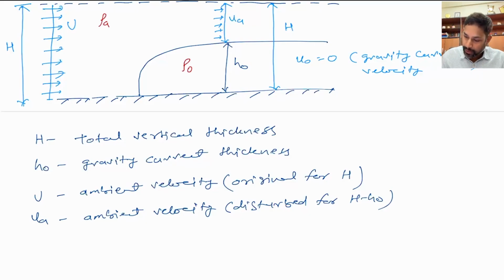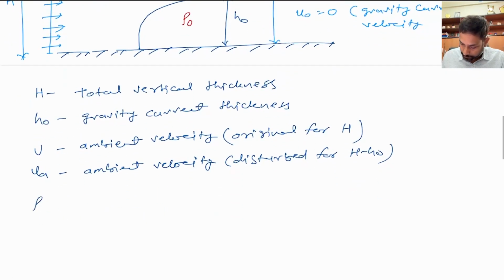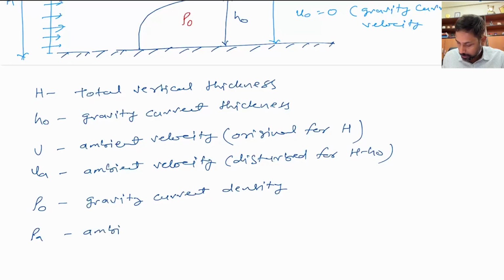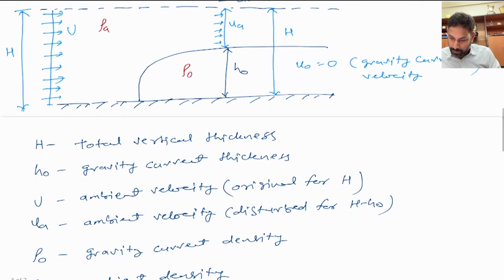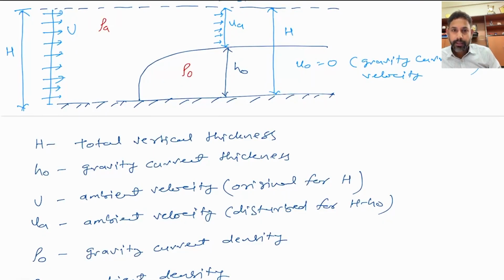Okay, and also rho naught is the gravity current density, and rho a is the ambient density. Okay, so this is what we have got so far with static gravity current and moving ambient.